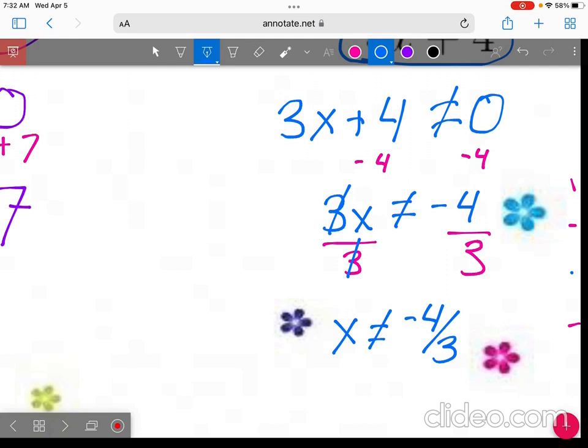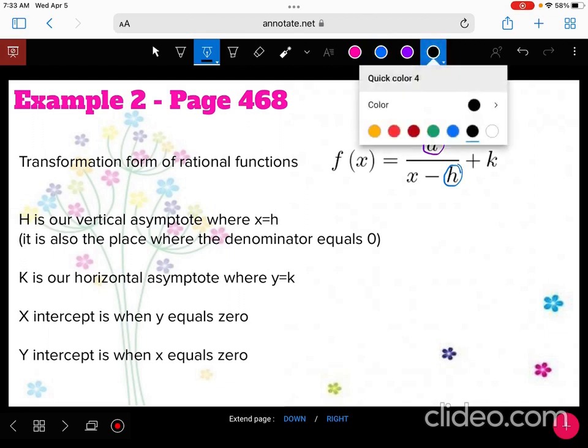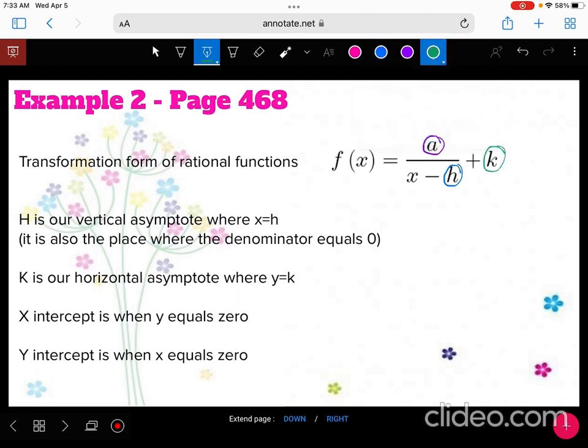Questions on this one? We're going to start talking about transformations on these rational functions. And we are going to see our good friends that we have seen a gazillion times when talking about transformations. We have A, we have H, and we have K. They're all there.